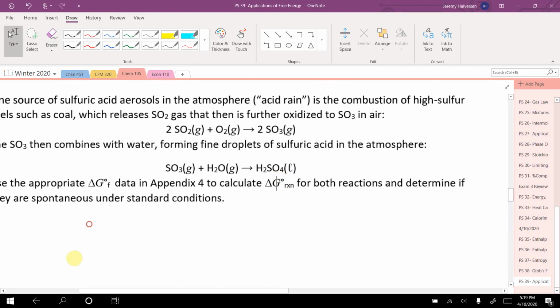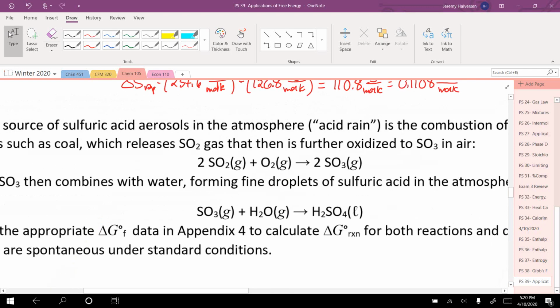Okay, so I'm going to write here the delta G naught formation values for each of these guys. So SO3 is negative 371.1. I'll just say all of them are in kilojoules per mole.